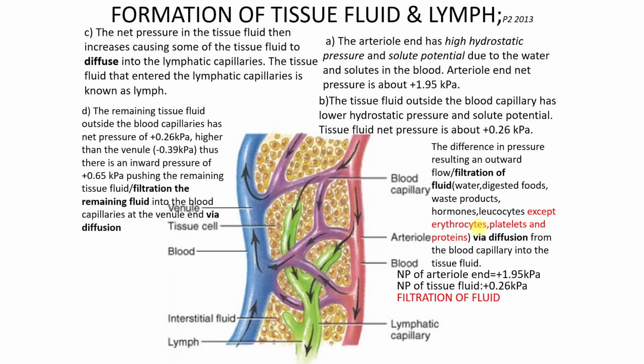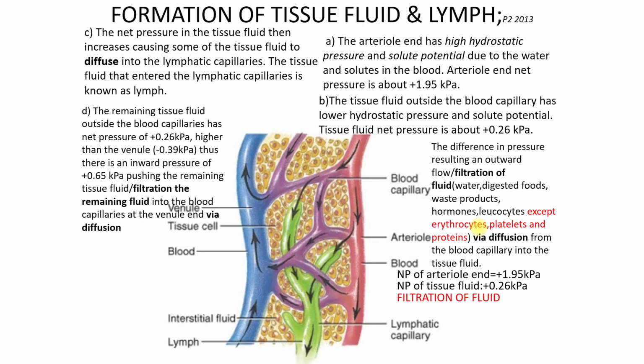Now there is some tissue fluid that remains outside the blood capillaries, and this remaining tissue fluid will have a net pressure of positive 0.26 kilopascal. The pressure doesn't change, although some of the tissue fluid has already diffused into the lymphatic capillaries.